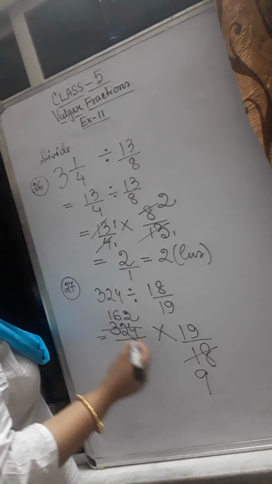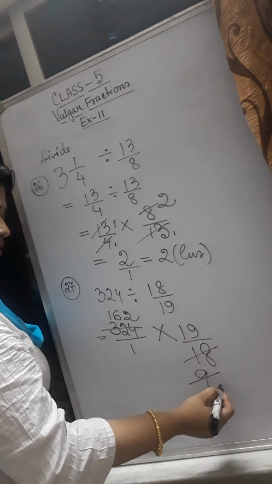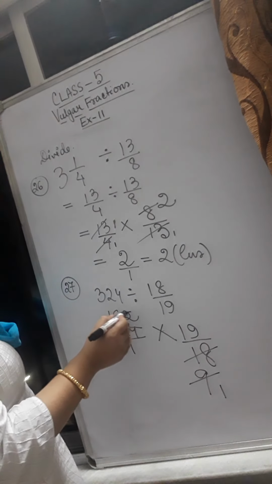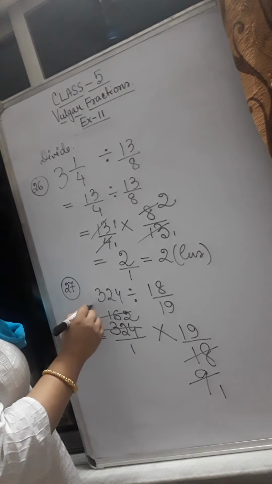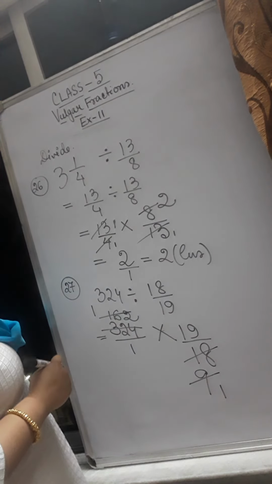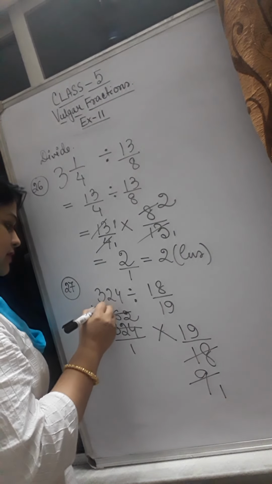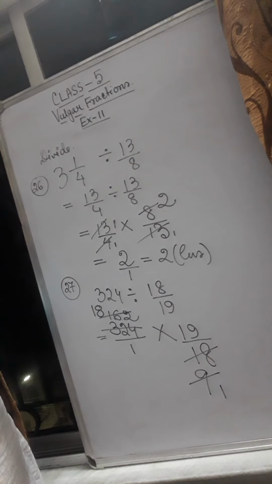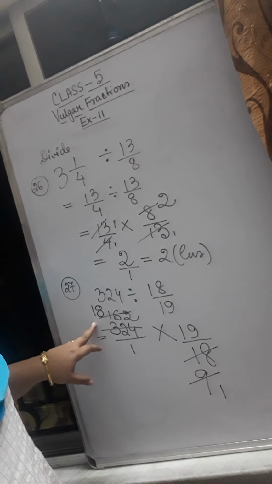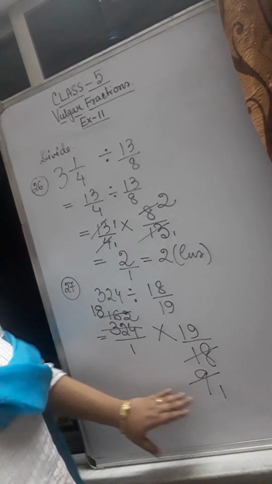Then again you can divide 9 and 162. 9 ones are 9, 72 is left out. Now 9 into what gives you 72? 9 into 8 gives you 72. So 18 you are getting, and the down part you have cancelled.